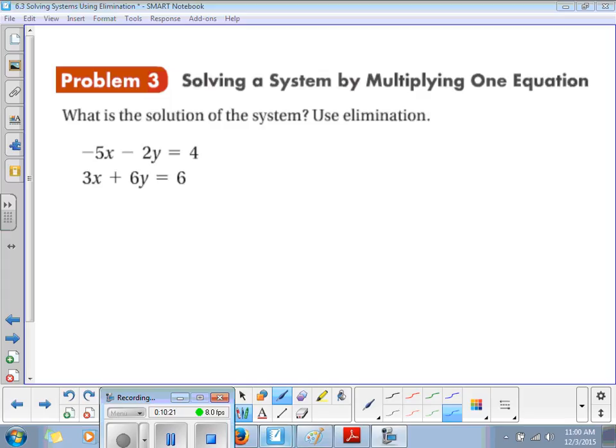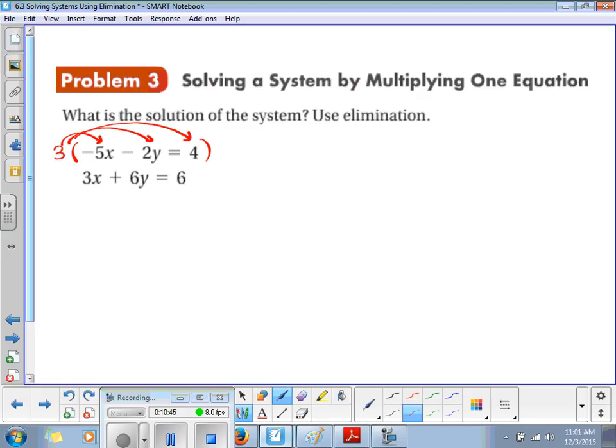So, what can I do, Aiden? You can multiply the top one by 3. Very good. We can go ahead and multiply the top equation by 3. And when we multiply this top equation by 3, you're going to multiply every term by 3.